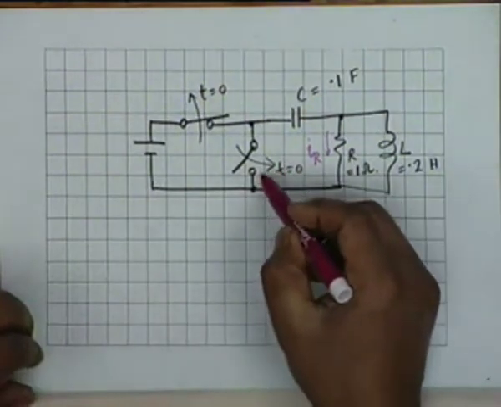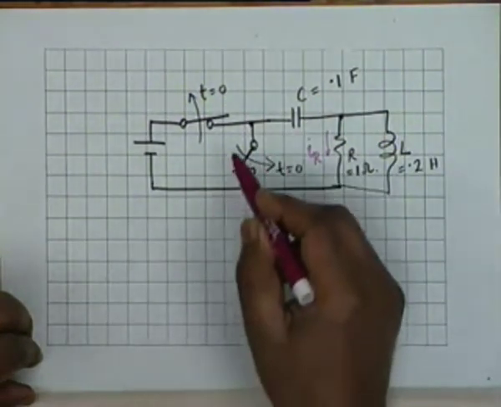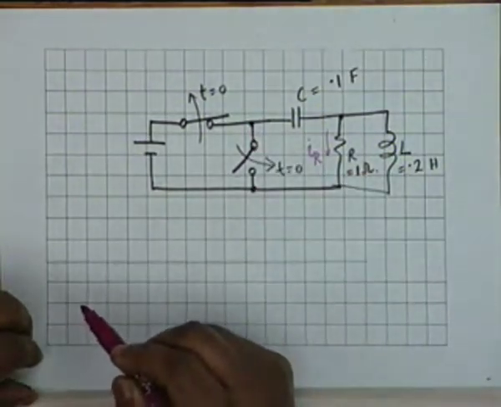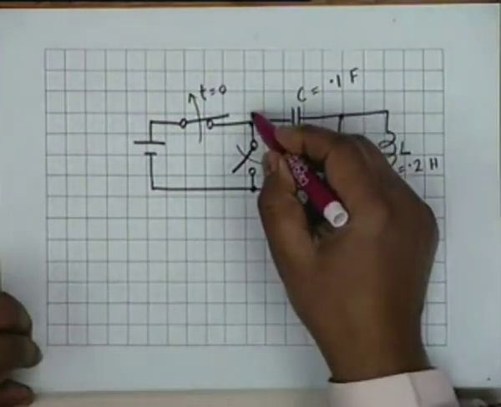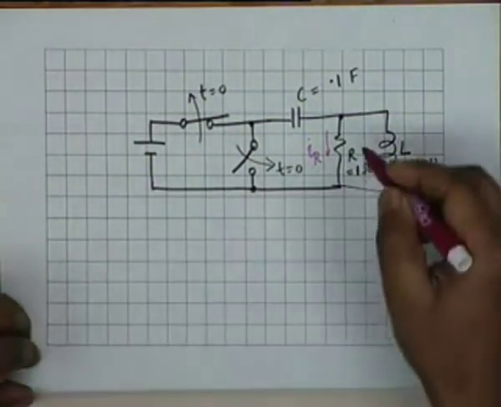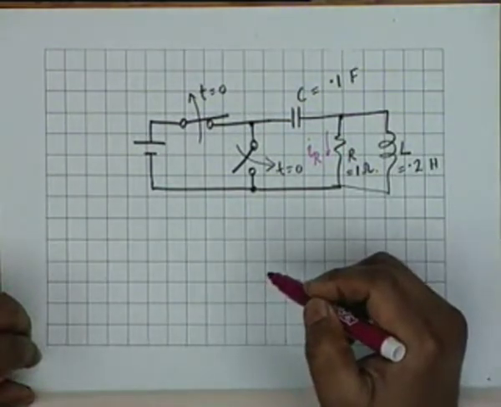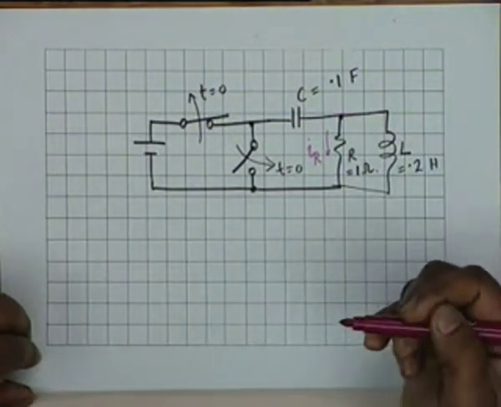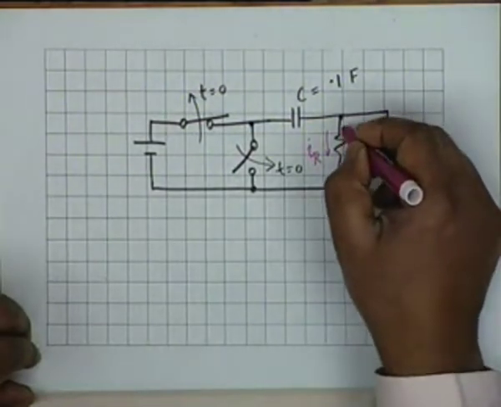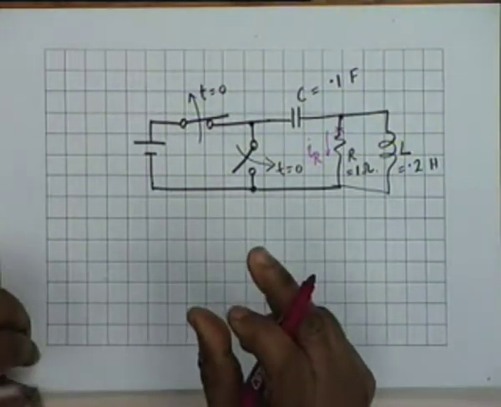Now, if it was to find the current through the capacitance, then we know this impedance would have done the job. The impedance between A and B, which you had already found out, would have done the job. But no, the question is to find the current in this resistance, and therefore the artifice or the instrument that we use is to break the circuit here, and then we shall find the impedance between these 2 points.